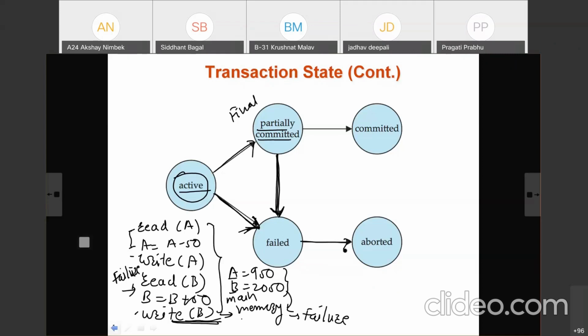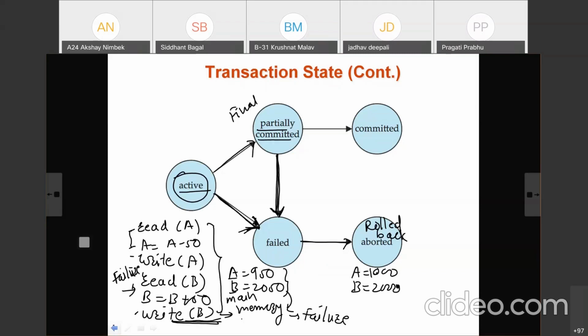Once the transaction is aborted, it is rolled back. Whatever changes were made by the transaction are restored to the state prior to the execution of the transaction. So A is restored to the value 1000 and B is restored to the value 2000.